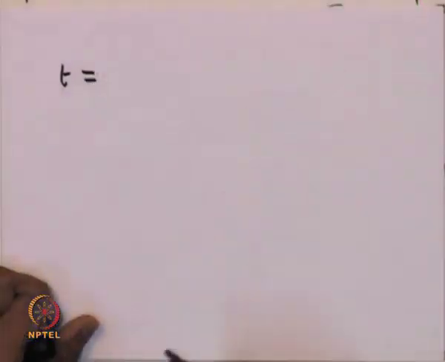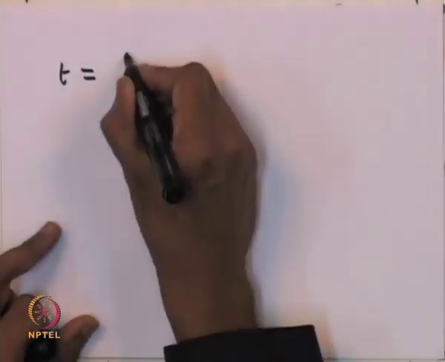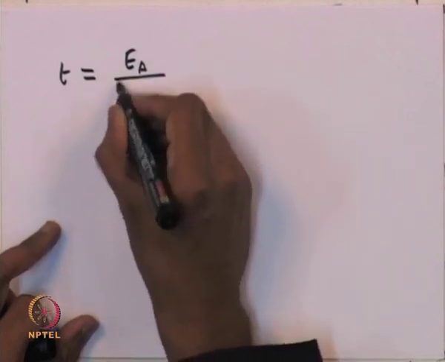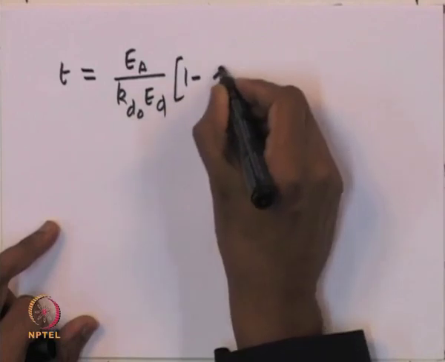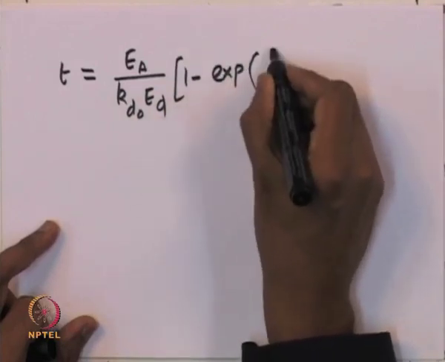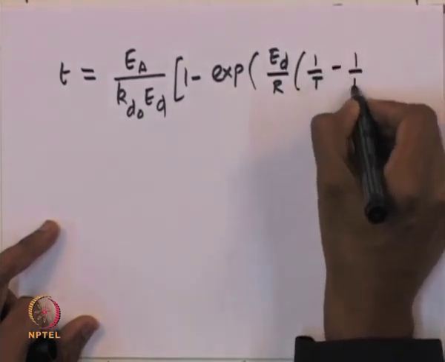So, suppose it is a first order decay process, where the deactivation kinetics is directly proportional to the catalytic activity, and the exponent is 1. Then the relationship between the temperature and the time at which the temperature has to be changed is given by Ea divided by Kd0 into Ed multiplied by 1 minus exponential of Ed by R into 1 by T minus 1 by T naught.